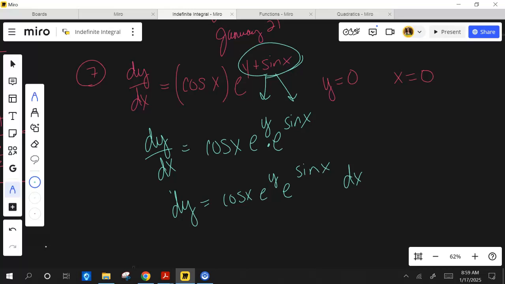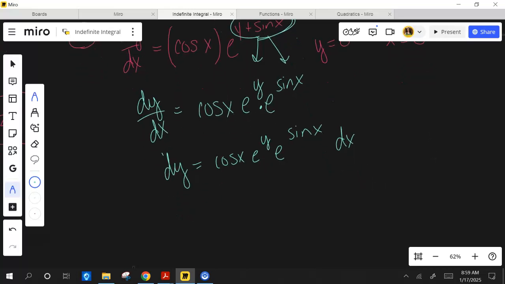Now the only thing I have to do is get that e to the y on the other side. How? Divide it.